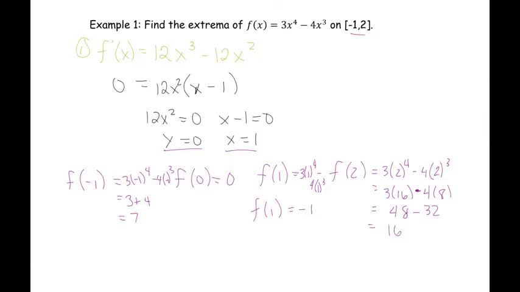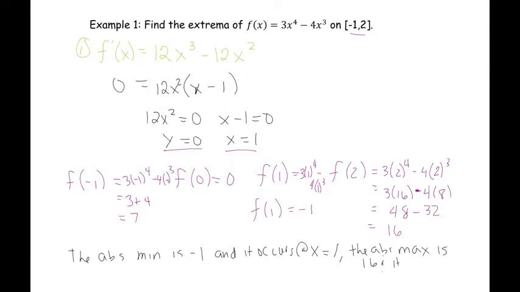So I would write the absolute min is negative 1, and it occurs at x equals 1. The absolute max is 16, and it occurs at x equals 2.